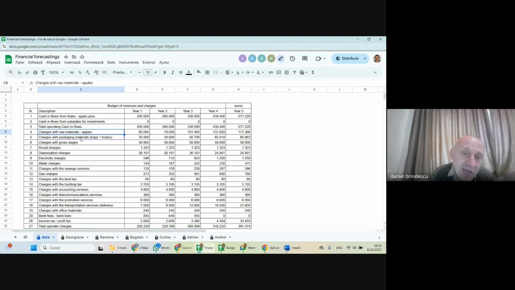However, I might pay for at least part of them before the first year or after. Imagine the scenario where I would buy apples before the beginning of the first year, so at the end of the last implementation year, and I'm storing them.